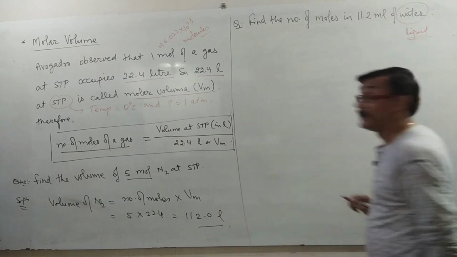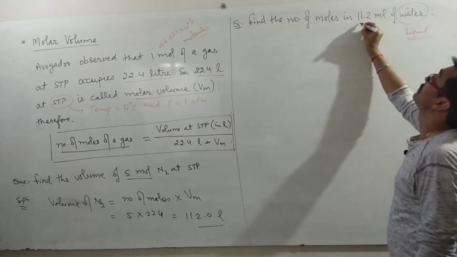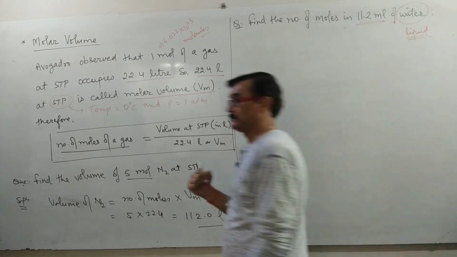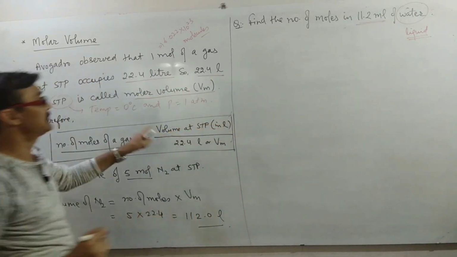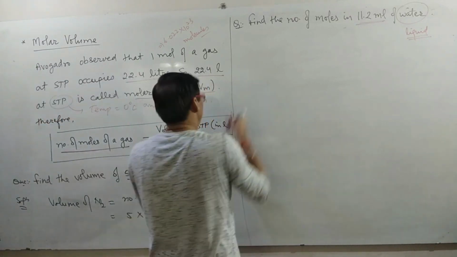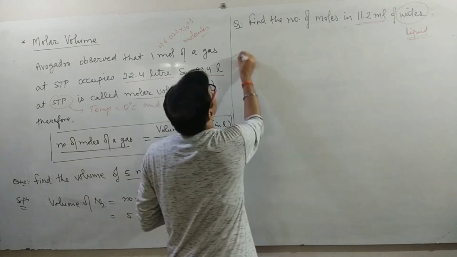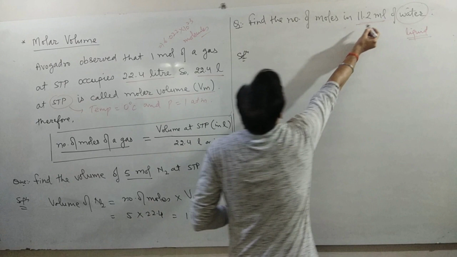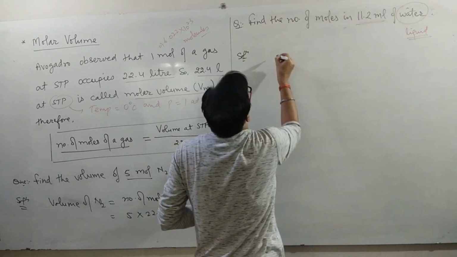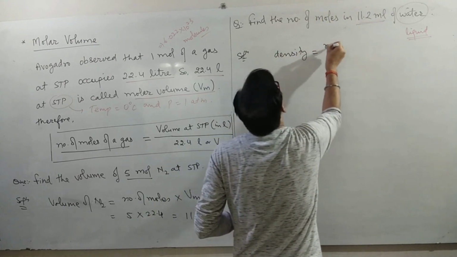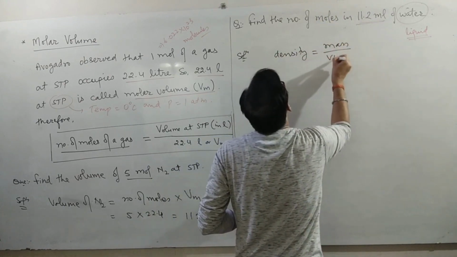That is why we should convert its volume into mass. We can't apply this formula because water is not a gas. So for its solution, we have to change volume into mass, and we know very well that density of any substance is mass by volume.